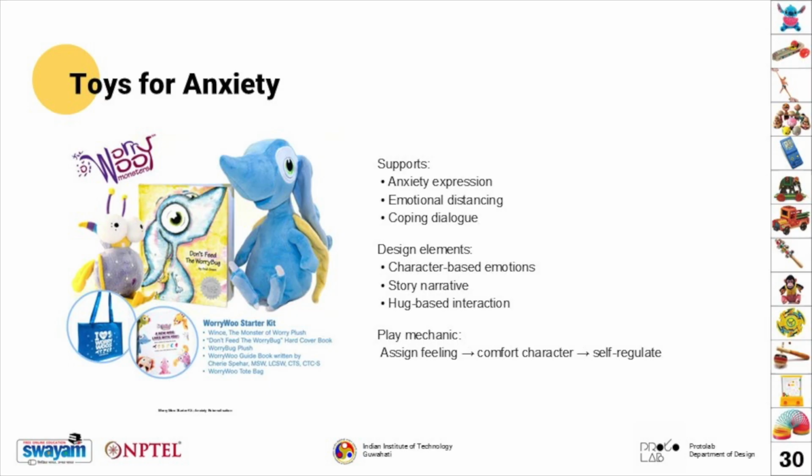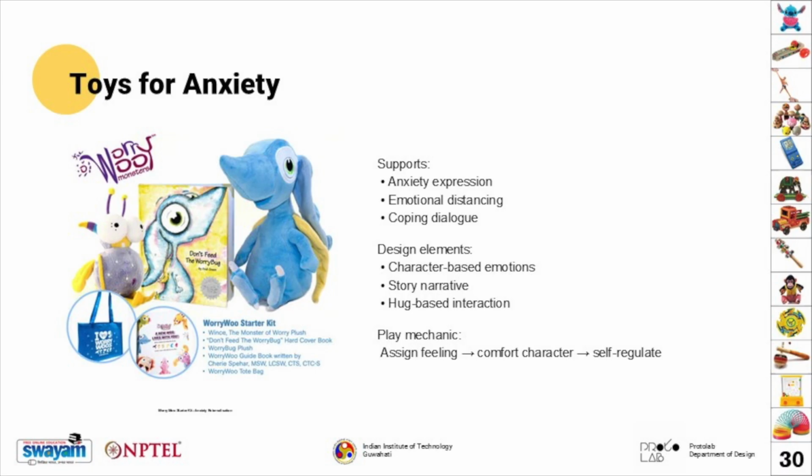Worry Boo, on the other hand, turns emotions into characters. Instead of "I am worried," the child interacts with a character that worries. This creates emotional distance, and distance reduces defensiveness.